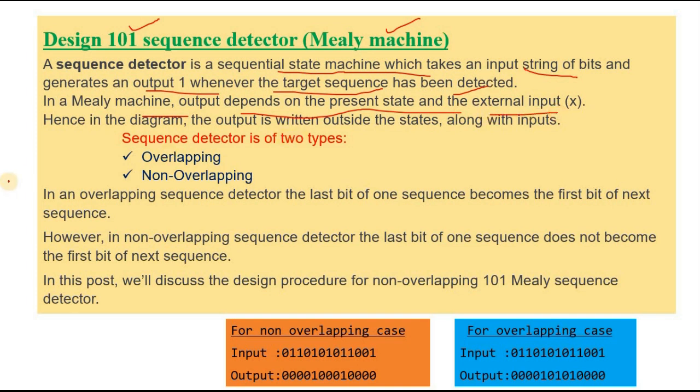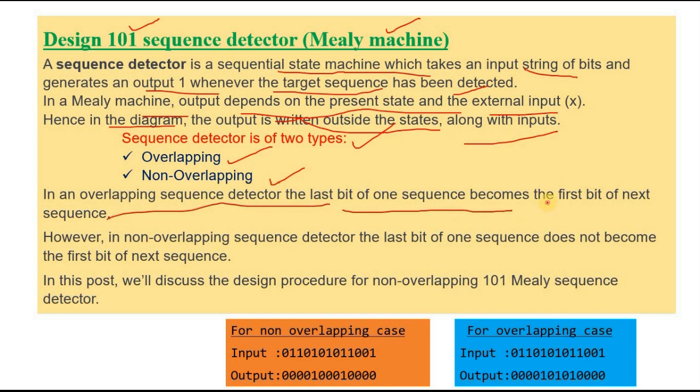Hence, in the diagram the output is written outside the states along with the inputs. Sequence detectors are of two types: overlapping and non-overlapping. In an overlapping sequence detector, the last bit of one sequence becomes the first bit of the next sequence. However, in a non-overlapping sequence detector, the last bit of one sequence does not become the first bit of the next sequence.